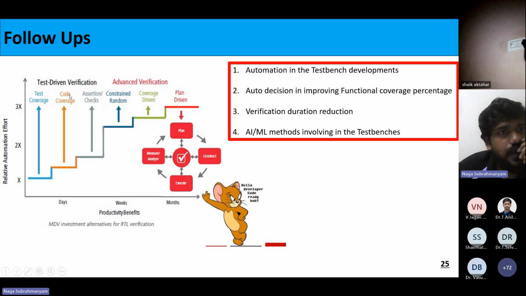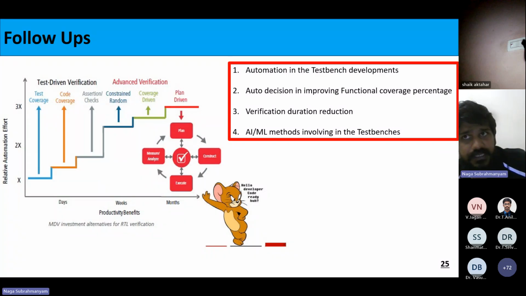Next, we will see how much design code is covered with your random data. Like that, many things are there. We will generate the random data, but how much random data are you generating? For example, there is a state machine with, let's say, 20 states.